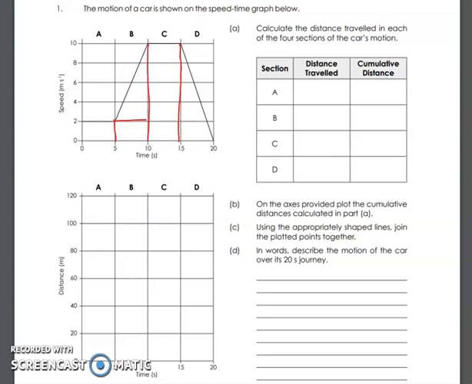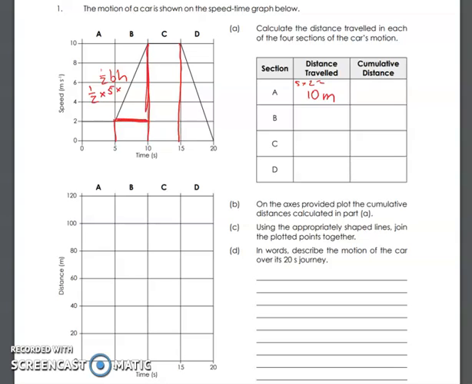So for section A, we have a rectangle with a base of 5 and a height of 2. So in section A, they travelled 10 meters. Section B is a little bit trickier because we have that triangle and that rectangle. So we need to calculate both those areas. So for the triangle, remember we use half base times height. The base is 5.